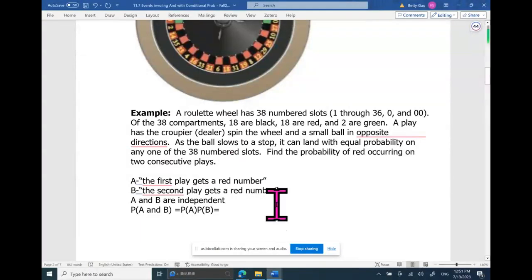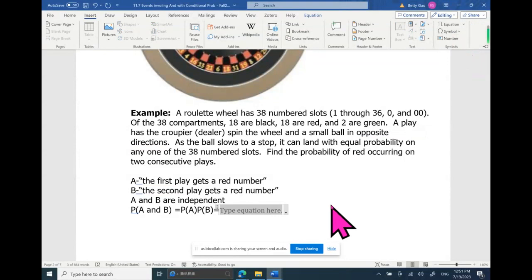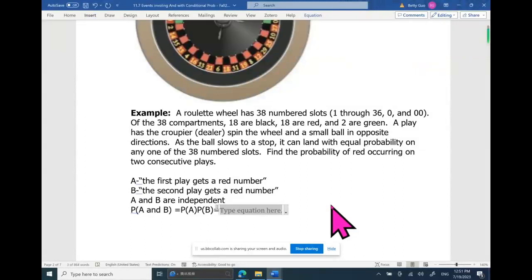The first time we get a red number, there are 38 numbered slots in total, right? And among the 38 numbered slots, how many of them are red? 18. So 18 over 38. That is a simple classical model, right?